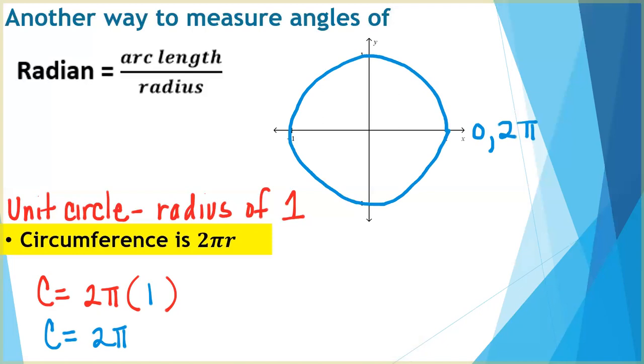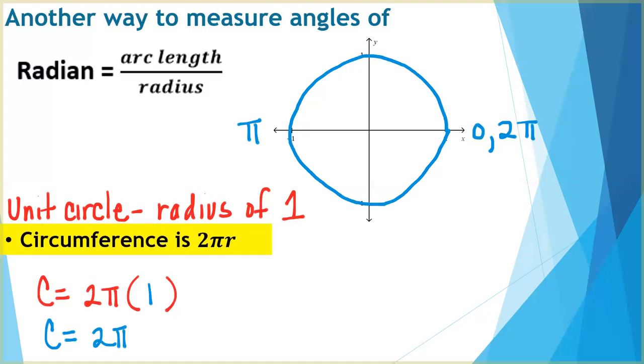So if you take 2 pi, because remember in degrees it would be 360, and we divide that into fourths, that means that at the very top of the unit circle, well, let's actually, if you take half of the unit circle, half of 2 pi is pi. So from here to here is pi.